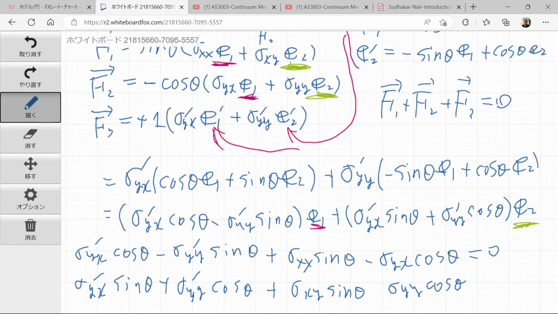It seems here is minus. We have minus. And this is equal to 0, right?